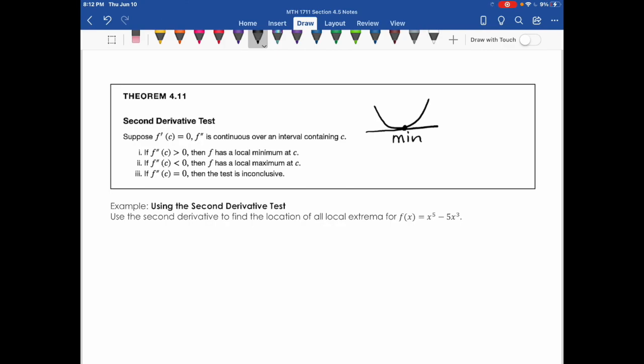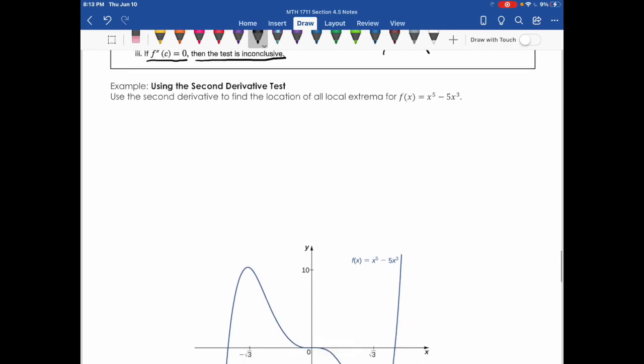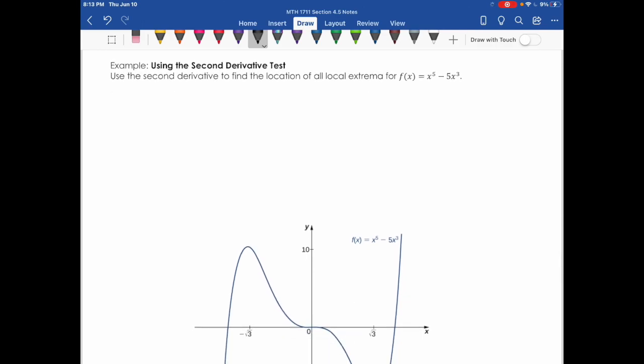If the second derivative tells you that you're on an interval that's concave down, then that point has to be a maximum. And if you plug in that value of c and the second derivative is still 0, then the test is considered inconclusive.